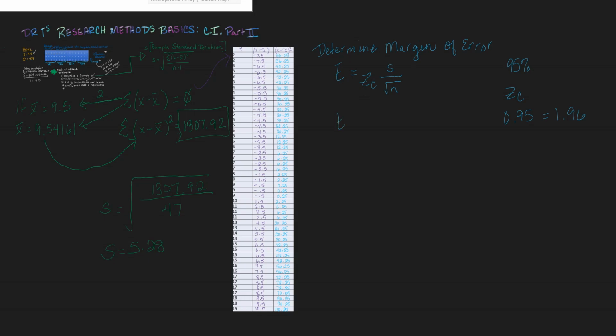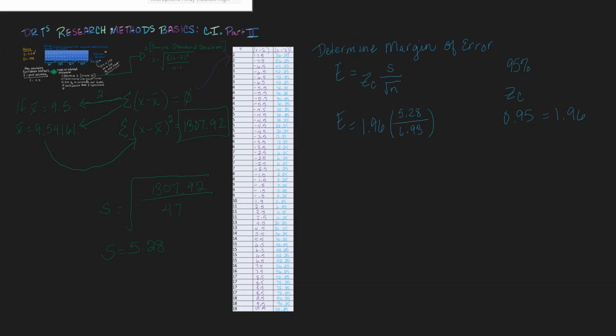So our error is equal to 1.96 times my sample standard deviation, 5.28, divided by the square root of our sample size, which is 48.